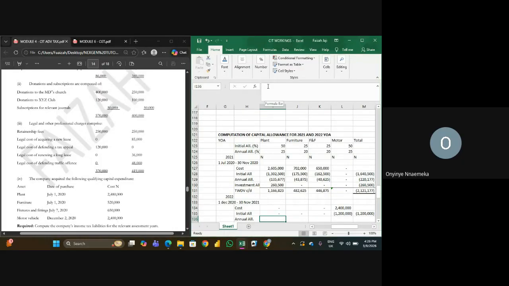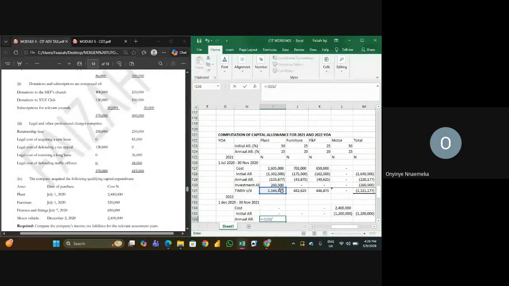Annual allowance, remember that when our first year is not up to 12 months, what do we do to our annual allowance formula for the following year? We use tax written down value divided by the remaining economic useful life. So in this instance, our formula for annual allowance will be equal to this divided by the economic useful life. For plants it will be 4 years, which is 100 divided by 25%, right?